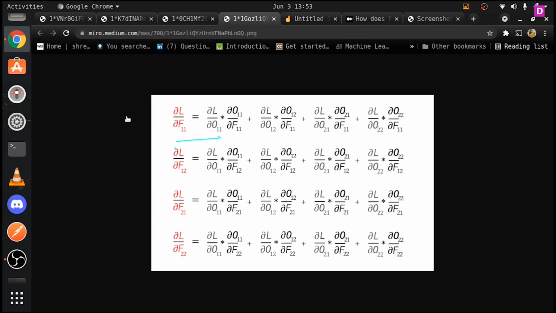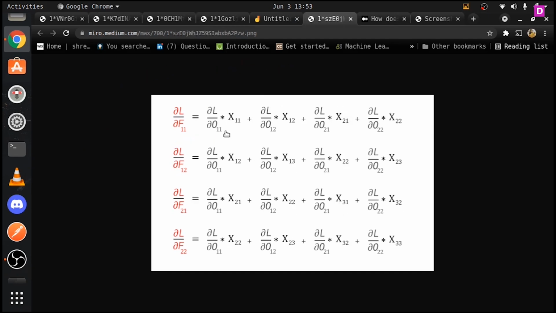So what will happen is dL by dF11 will be equal to dL by dO11 into X11 plus dL by dO12 into X12 and so on, right? So our values will come out to be something like this.